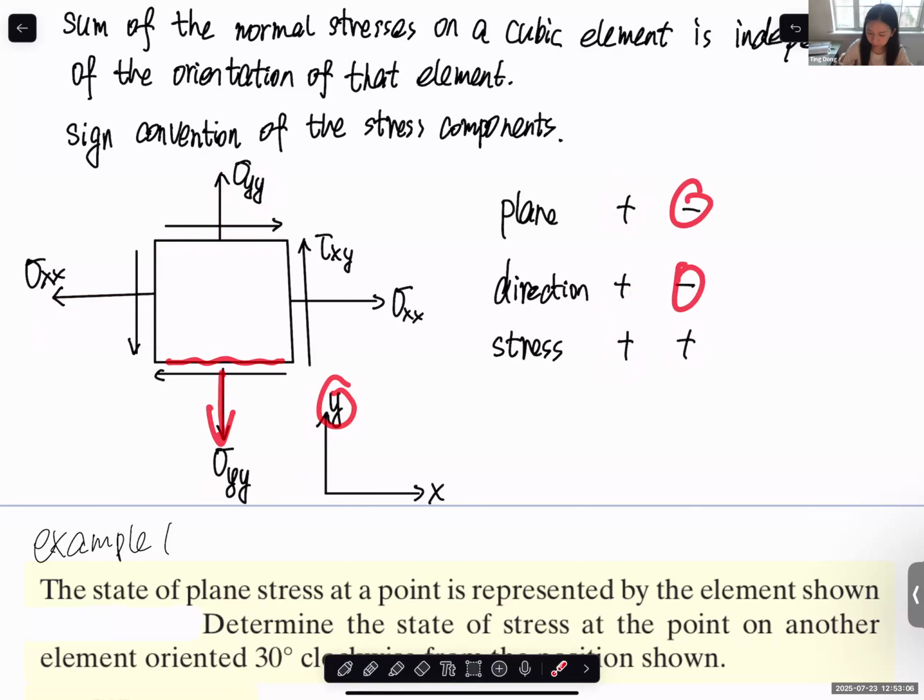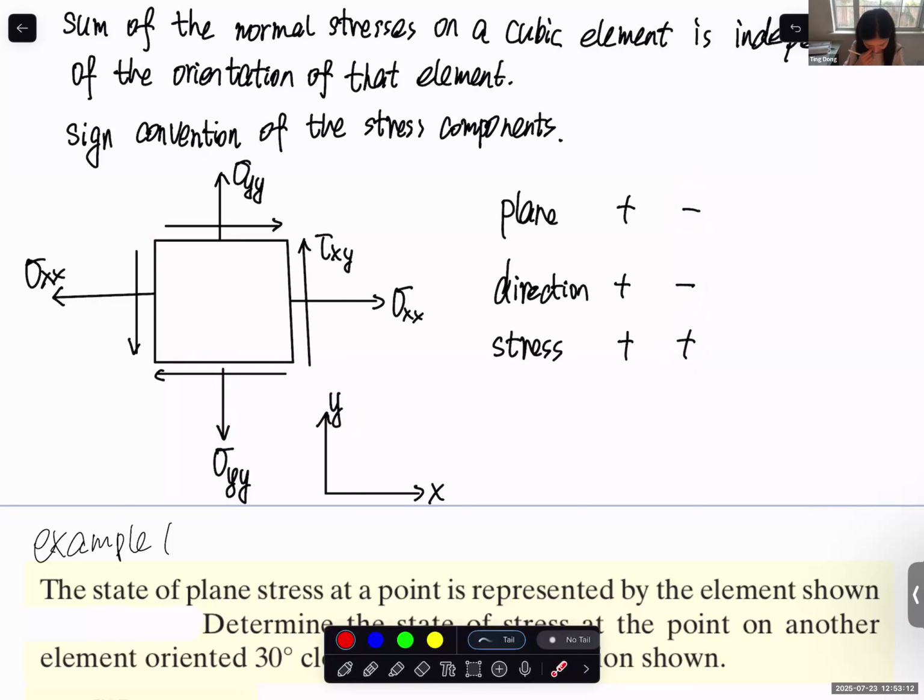So negative, negative, positive. So this is the sign convention for second order tensor. And how about, let's say if we have something like this, sigma xx.